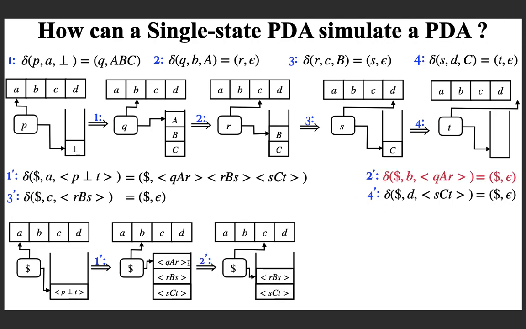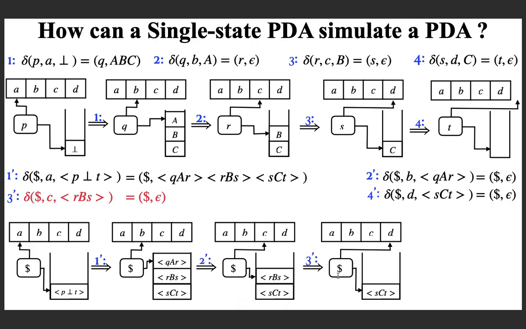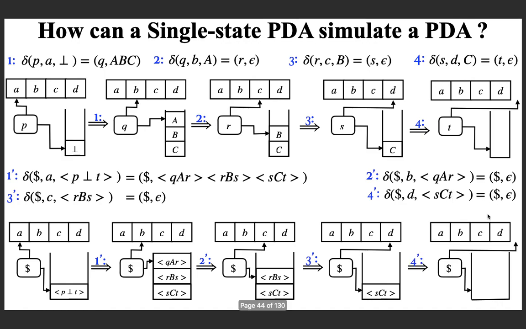It says you pop out this. Now if you look at this configuration, it is $ C RBS. This is the transition that you can apply, you are taking out. And here it is D SCT, this transition, again asking you to take out, and see that the new single state machine is also accepting the same string because that is accepted by the original machine.